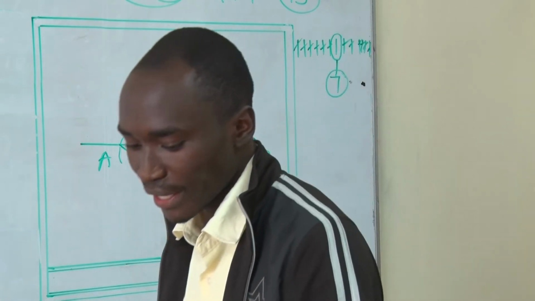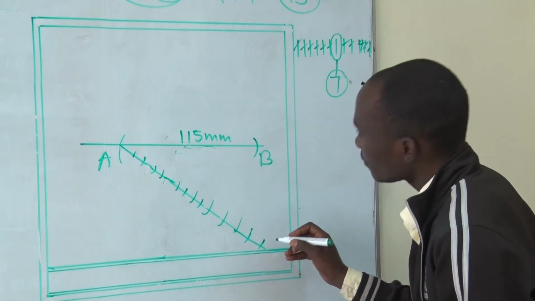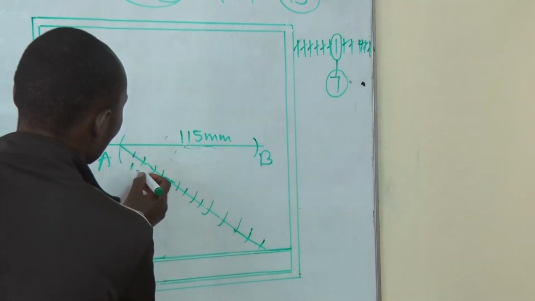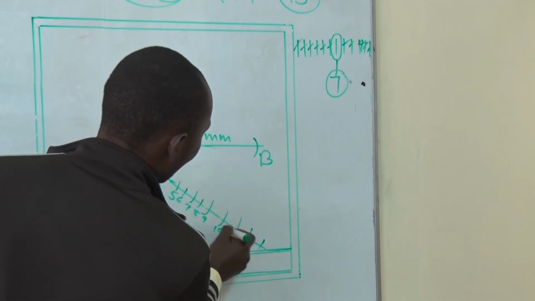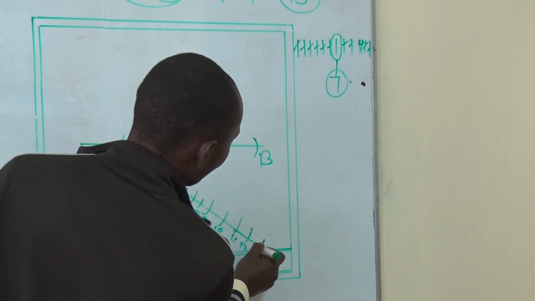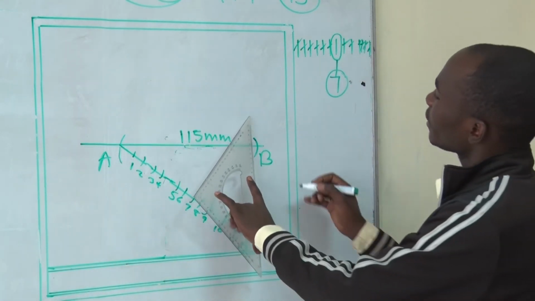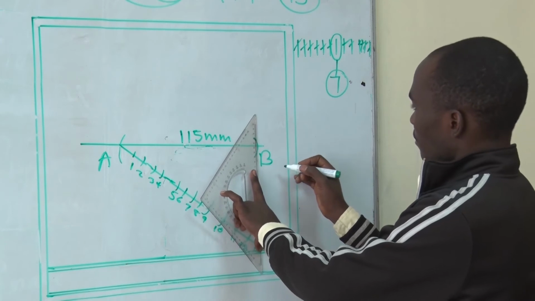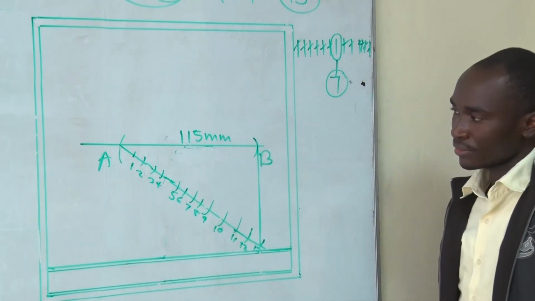So what you need to do again, you will take the farthest end, which is, let's assume this is 1, 2, 3, 4, 5, 6, 7, 8, 9, 10, 11, 12, 13. So I will take this 13th point and join it to point B, like this.